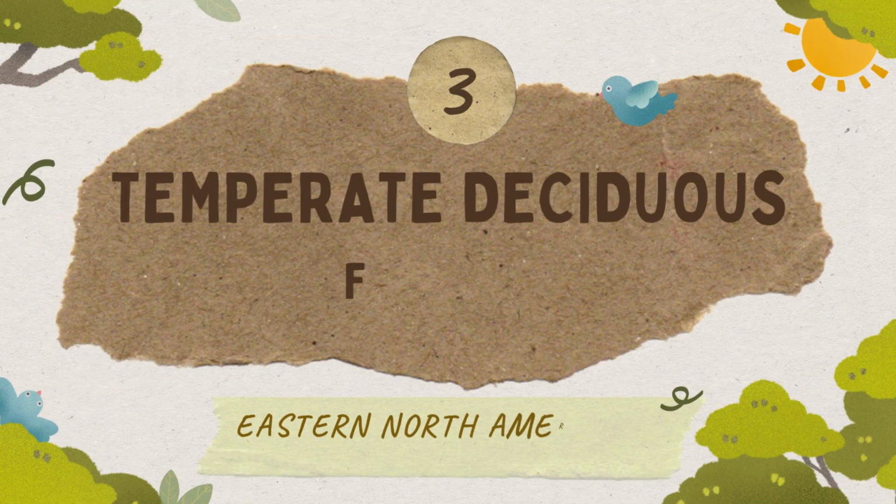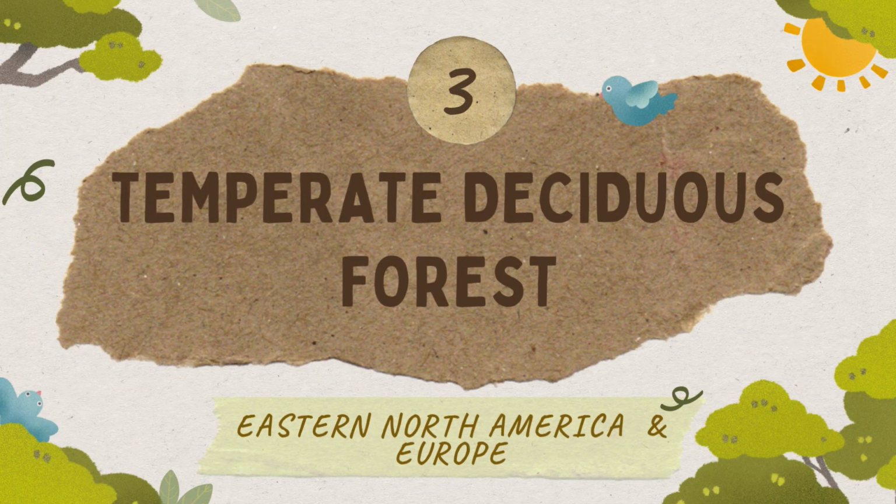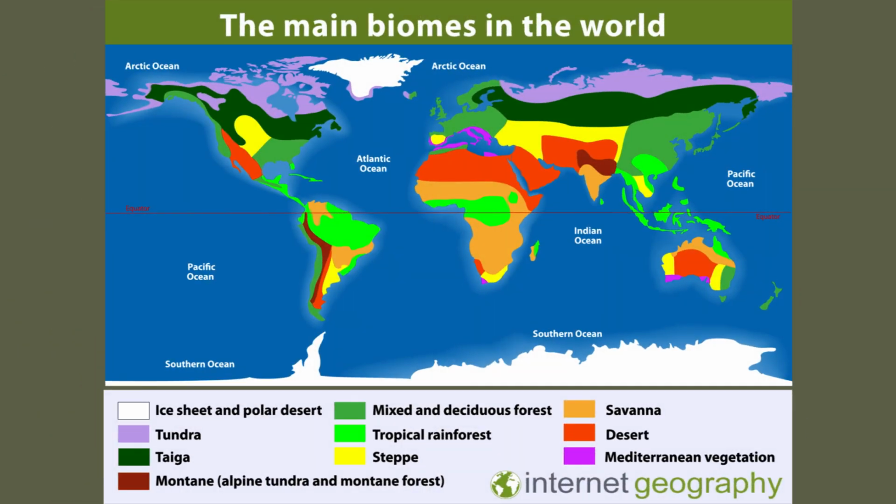Let's now proceed to the deciduous forest, which typically is present within eastern North America and Europe. So with deciduous forest, though this one here shows mixed deciduous forest, the lighter green coded, that's the area that is occupied by deciduous forest.